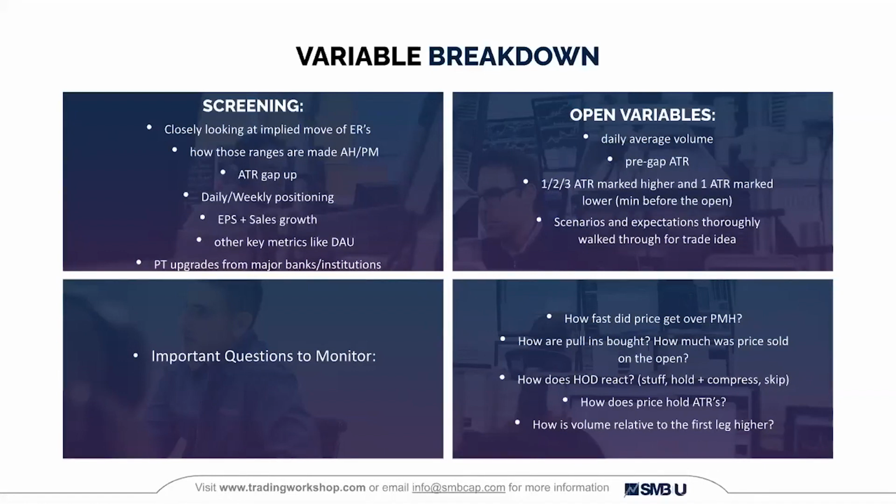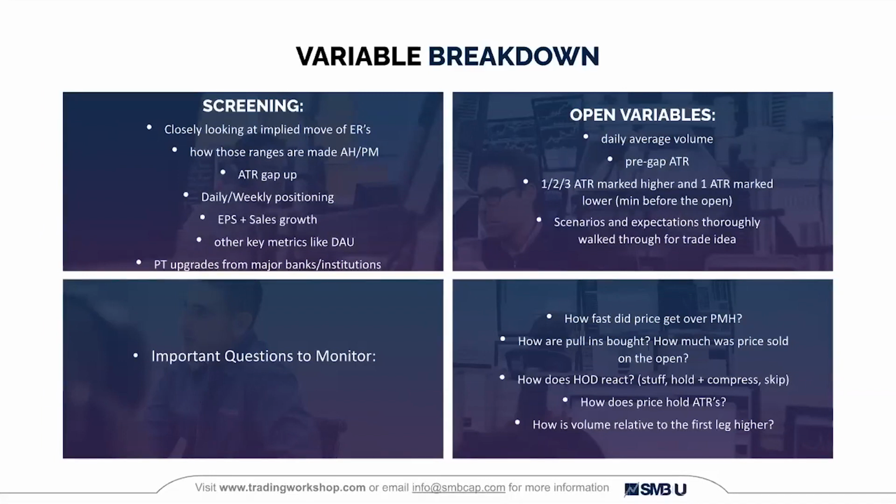With that pre-gap ATR, we mark minutes before the open based on where we're about to open pre-market: 3 ATRs higher, 1 ATR lower. The reason behind this is we'll talk through scenarios and expectations 5 minutes before we open. That way, within the first 30 minutes of the morning session, we're not doing any calculations at all, right? We just got to sit there and monitor data and get to our decision-making process.